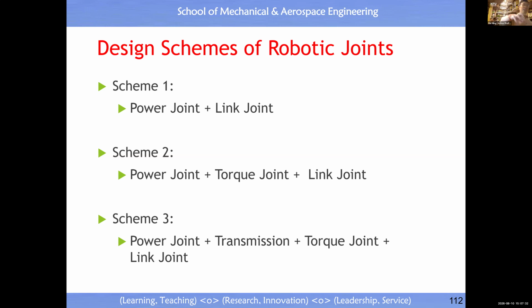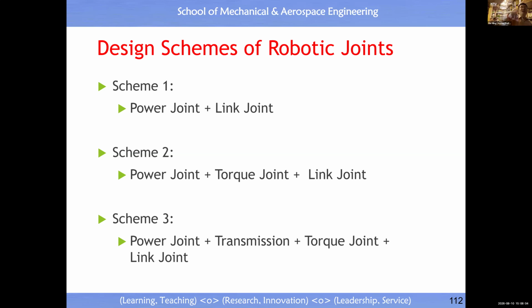And in case you have more space for your robot body, normally people will follow design scheme 3, because design option 3 gives you the advantage of relocating the power joint towards the base link. Normally the power joint is heavy, and when the arm moves you will waste a lot of energy if you put the power joint inside the body of the arm.